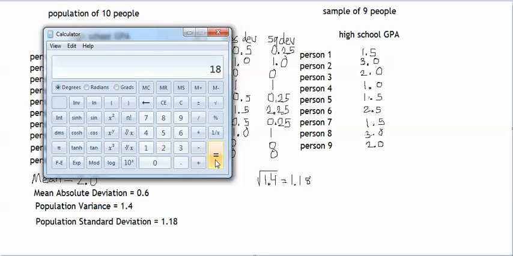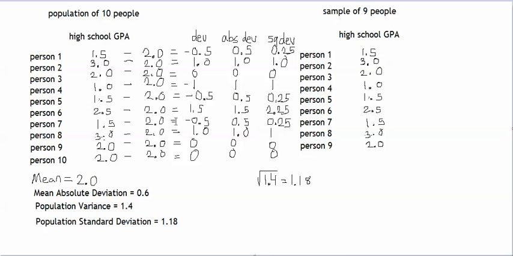We still get 18. And then 18 divided by 9 is 2. Sample mean comes out to the same number as the population mean in this case.